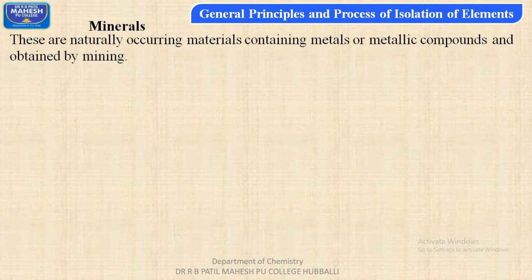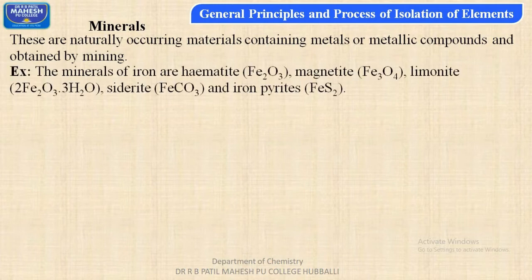For example, the minerals of iron are hematite ore, which is Fe2O3, ferric oxide, magnetite, that is Fe3O4, triferric tetroxide, limonite, that is ferric oxide trihydrate, siderite, and iron pyrites. All these are minerals of iron.